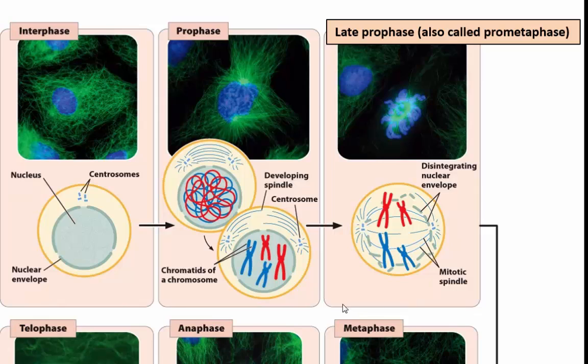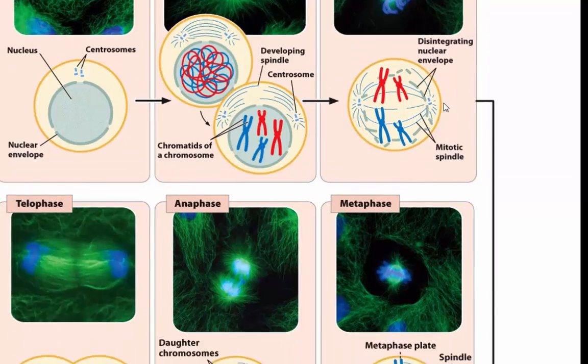So if we look at what starts to happen in prophase, the nuclear envelope is going to start to break down and the DNA condenses. And near the end of prophase, each of those pairs of sister chromatids are going to be captured by the spindle fibers that are emanating from the centrosomes, or the poles of the cell.